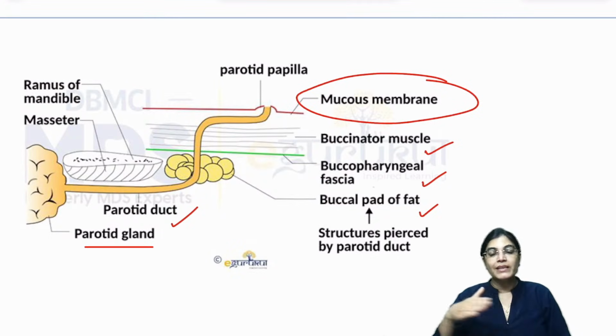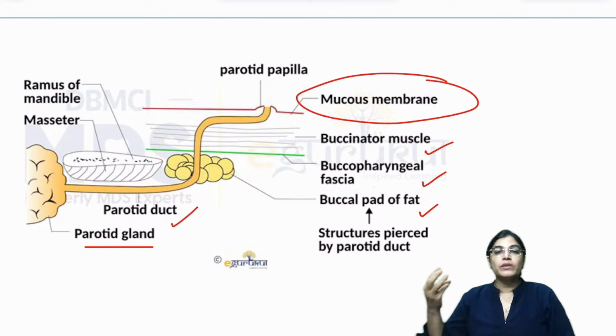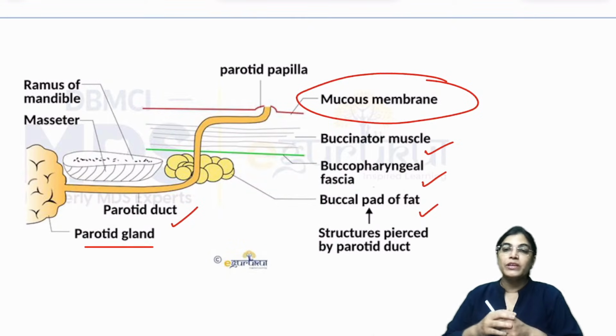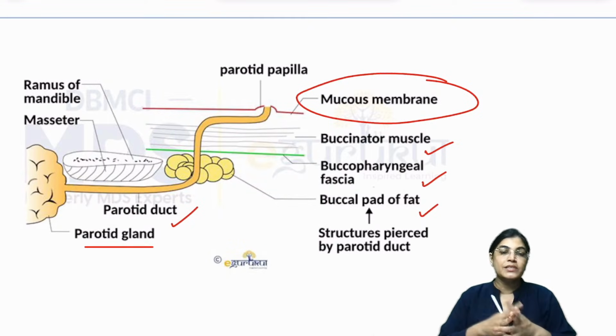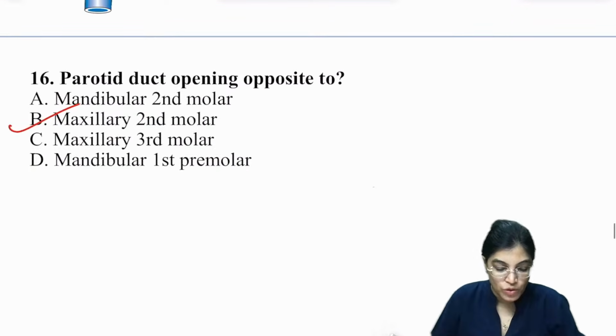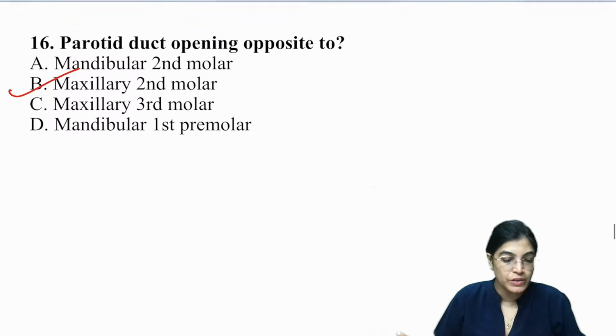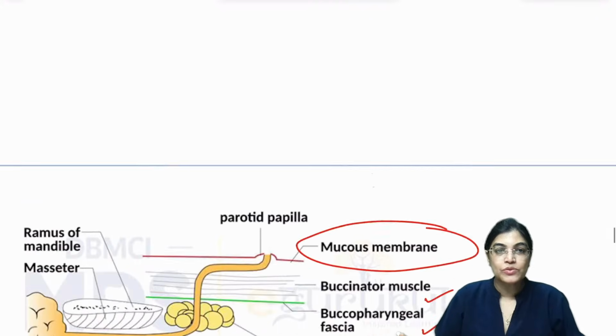You have to know that whole parasympathetic pathway. Parotid gland secretion is correlated with the otic ganglion, from where the postganglionic fibers arise and secretion is controlled. It is secreted in relation to the upper molar, that is the maxillary second molar tooth. Okay, my dear students, so done with this.